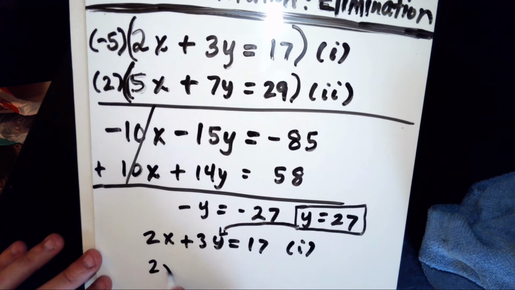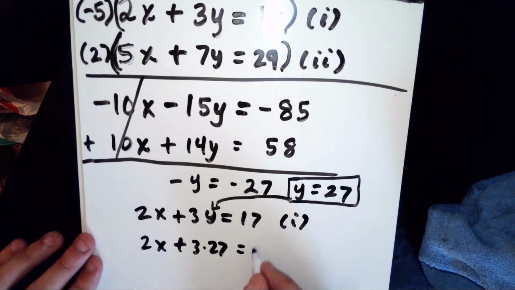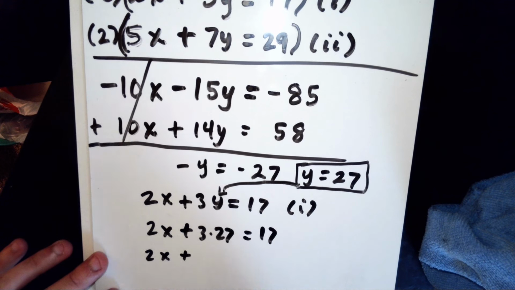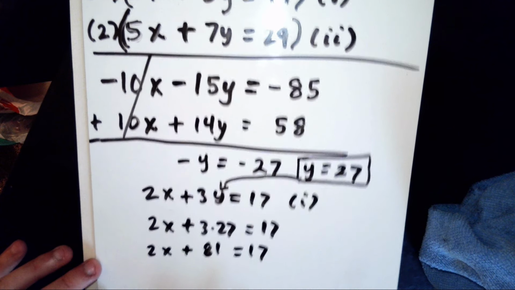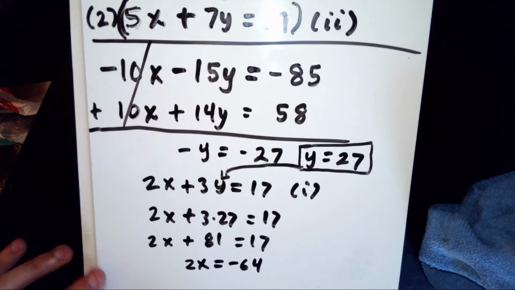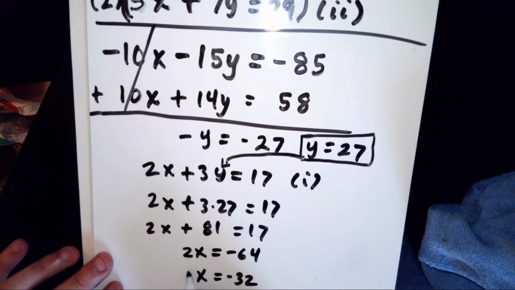This gives us 2x plus 3 times 27 equals 17. 3 times 27 gives you 81. Subtracting 81 from both sides leaves you with 2x equals negative 64. And then after dividing both sides of the equation by 2, we get that x is negative 32.